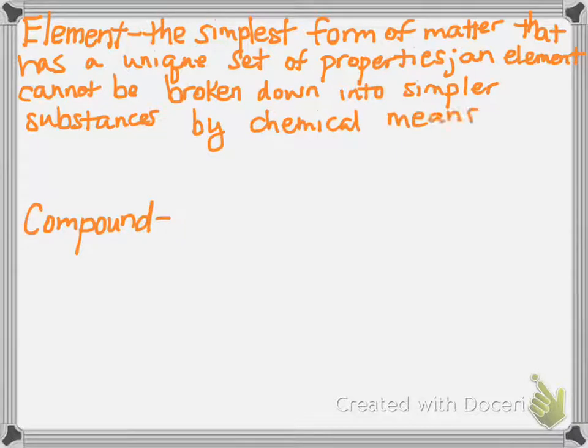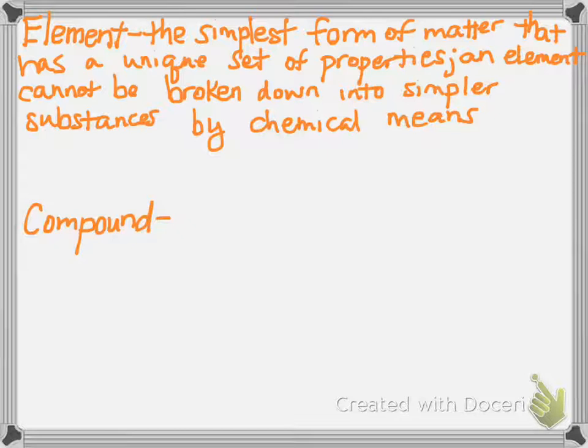Basically what that is saying is the smallest piece that you could break anything down into would be an element, okay? To go smaller than an element, you're going to use something beyond chemical means. Remember, when we talk about elements, we're talking about the fact that there are 100 plus elements on the periodic table, okay? And again, they're the simplest form of matter with a unique set of properties.